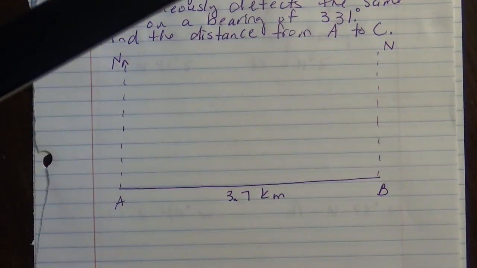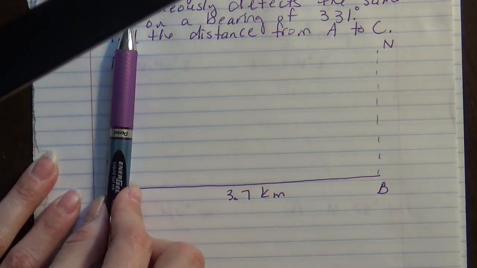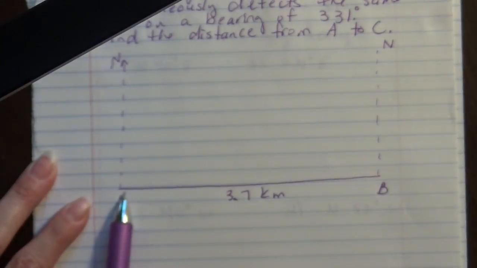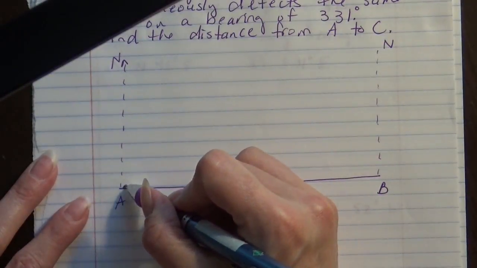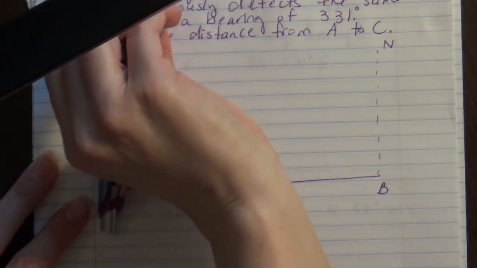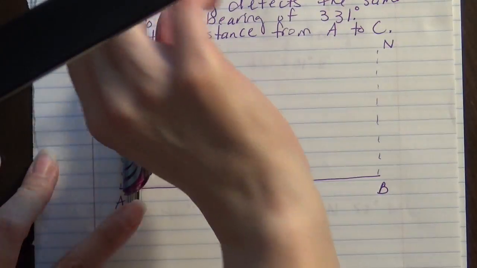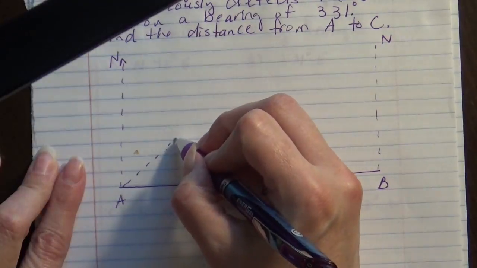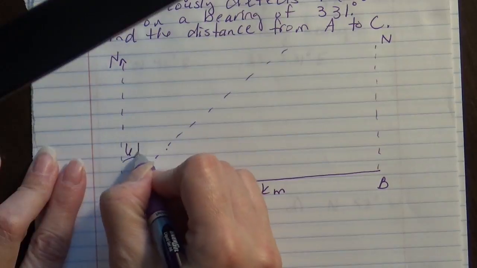Then we need to measure a bearing of 61 degrees from station A. So you can put in your vertical line that represents due north, and then we measure from station A. A is like your vertex, so you go like this until you get 61 degrees. So this angle is 61 degrees.